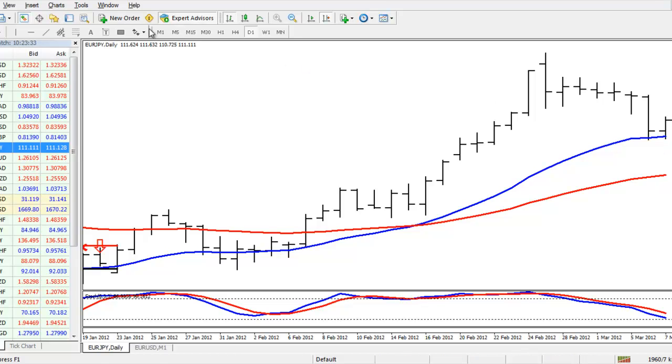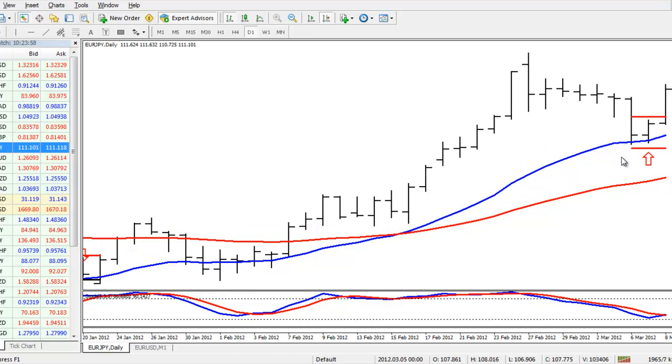So we'll be looking to enter into the market at this point here. What we're trying to do is we'd actually enter above the high of the bar, and we'd place our stop loss underneath the low of the bar there. So we can see where the entry and the stop loss would have been.